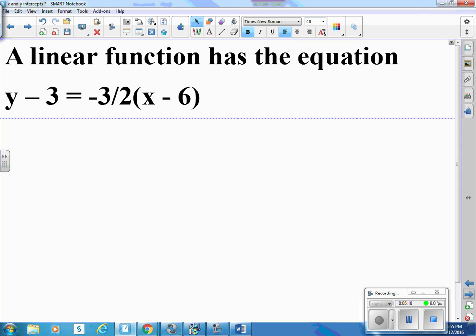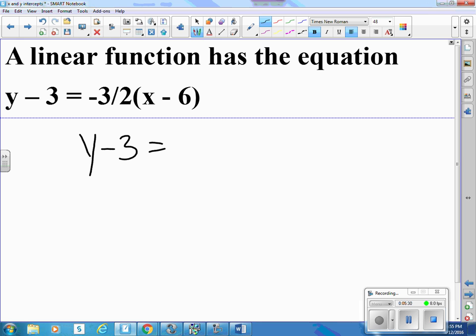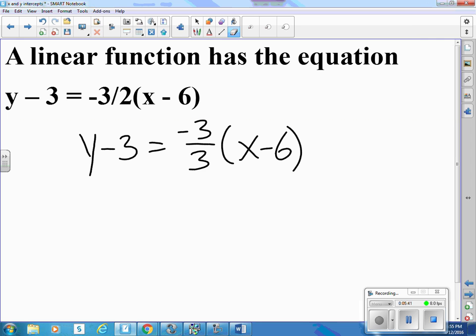A linear function has the equation y minus 3 equals negative 3 halves times x minus 6. Well, let's just go ahead and write that a little bit different, so it might be easier for you to see. Okay, so everything on the right-hand side is being multiplied by negative 3 halves.